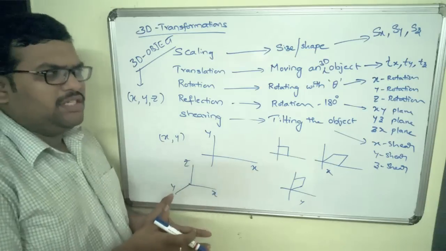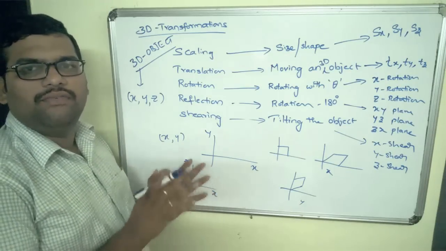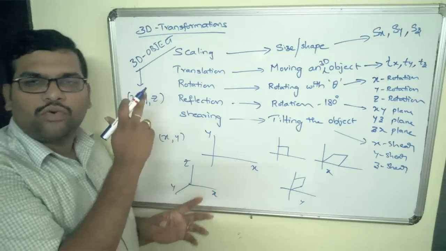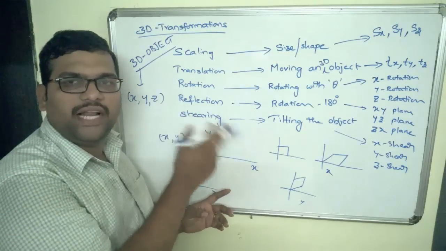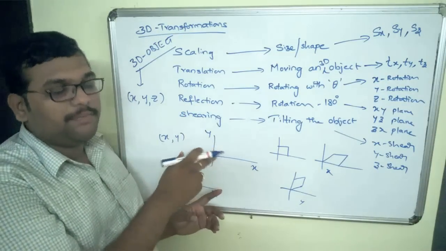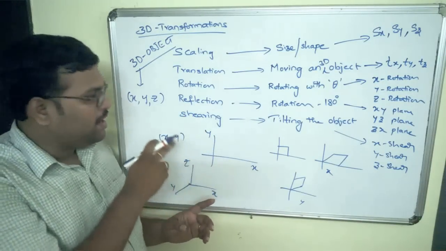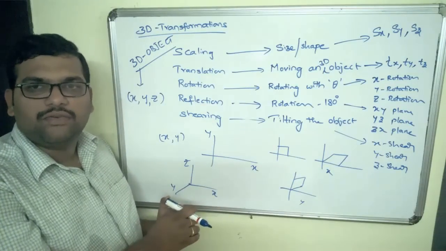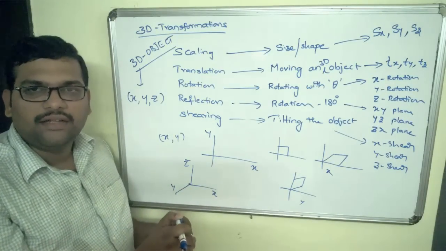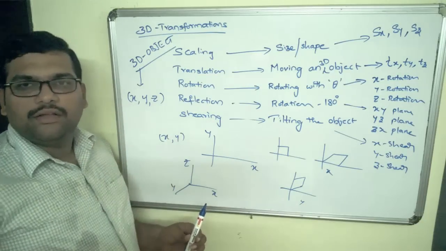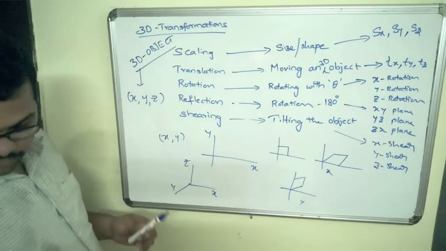As the explanation is the same, let us directly have a formula for everything: scaling, translation, rotation towards the x, y and z axis, reflection in the xy plane, yz plane and zx plane, and similarly shearing with respect to the x-axis, y-axis and z-axis. Let us have a look at the formulas individually, one by one.